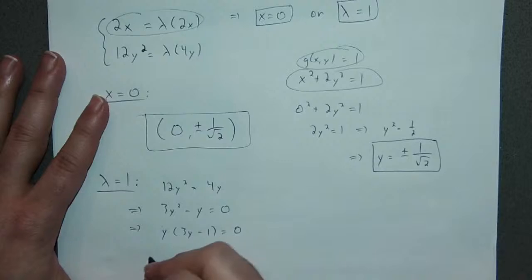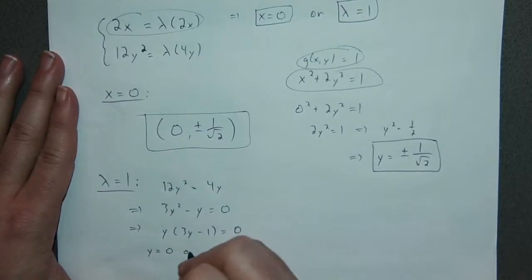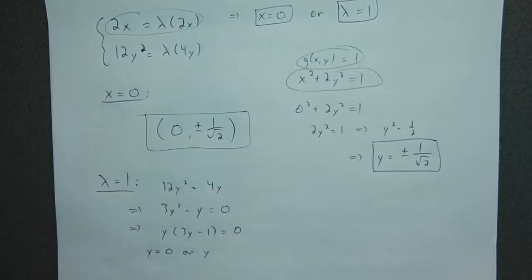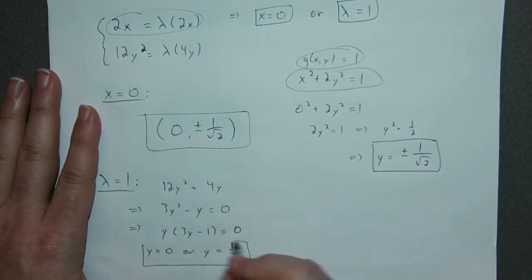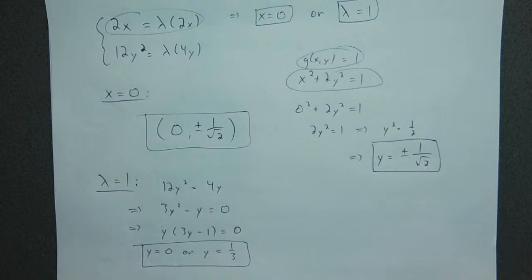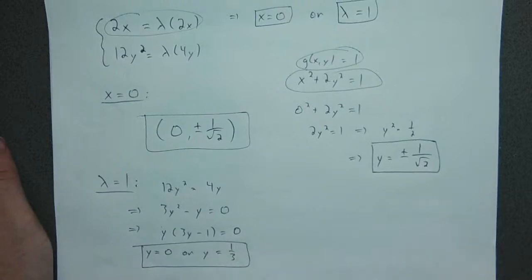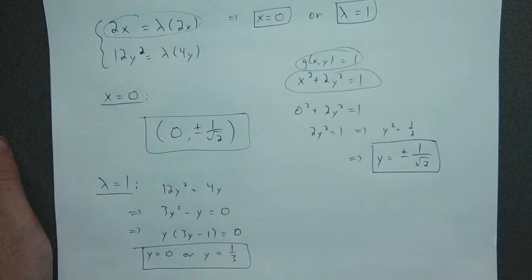Okay, what do I get here? I get y is equal to 0, or y is equal to 1/3. Each of these yields a different possibility that must be investigated.